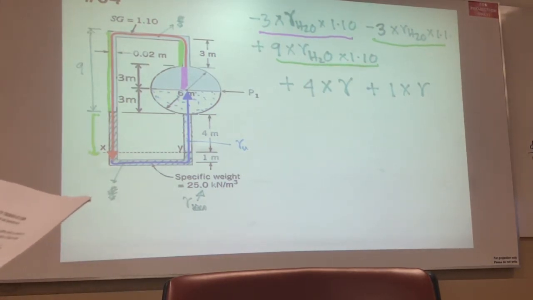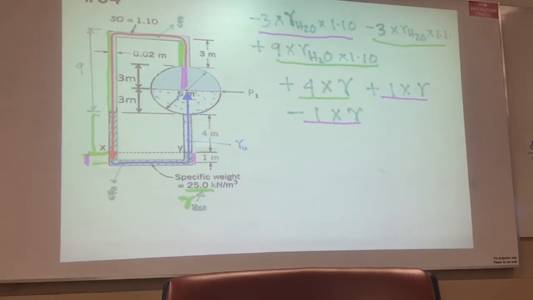Up to here, 4. Then I write 4 times gamma. We assume the specific weight of this fluid is gamma, which is 25. We just put it here. And here is 1. Then I put here 1.